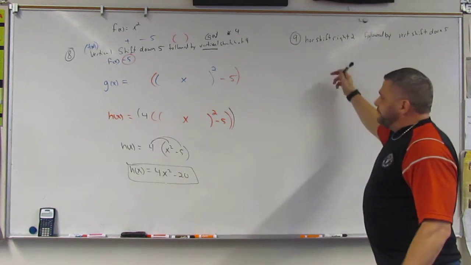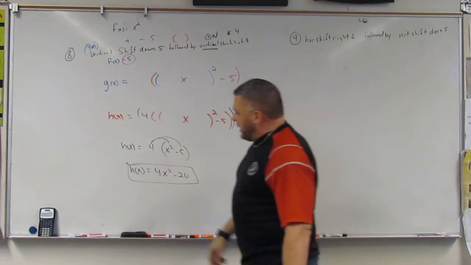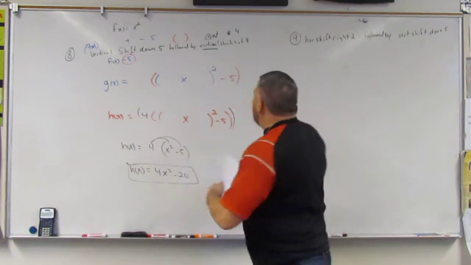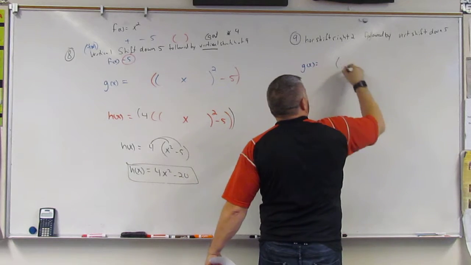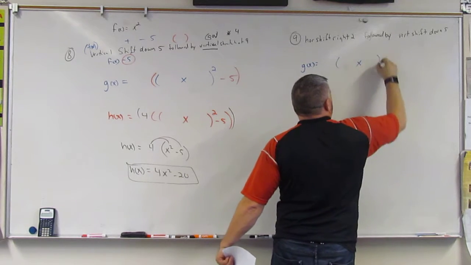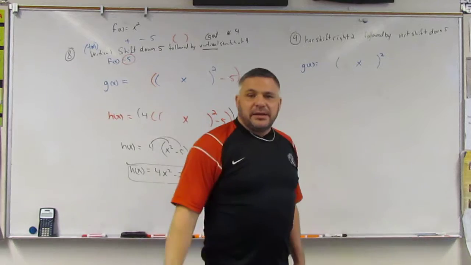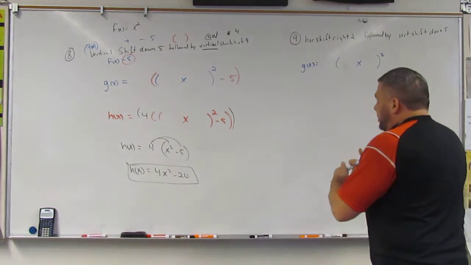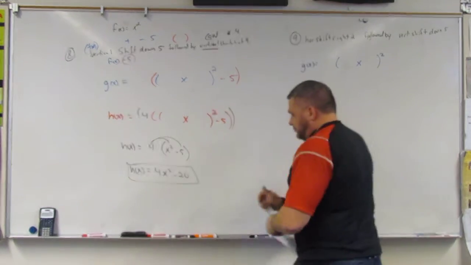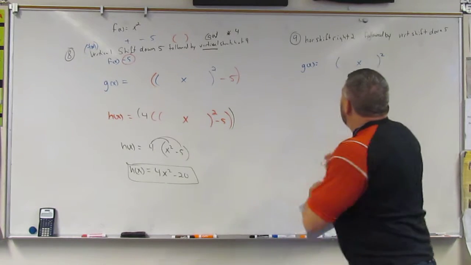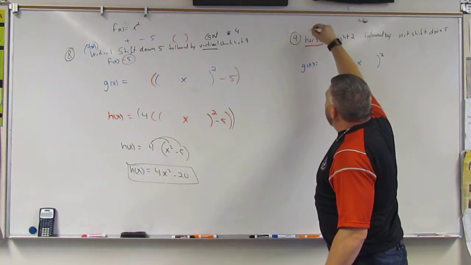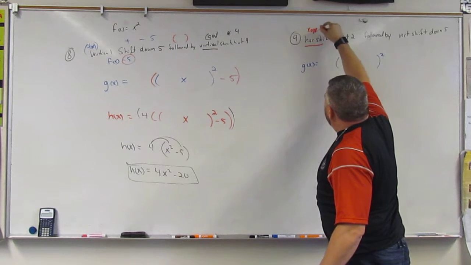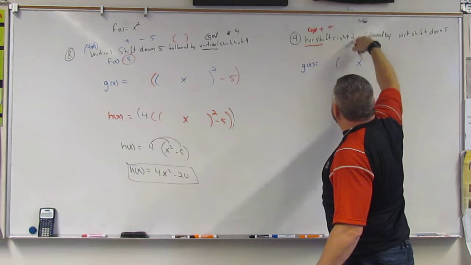Alright, the next one. Same thing. G of x is equal to space, parentheses, space, x, space, parentheses, squared. Okay? And then we're going to do something to it. It says a horizontal shift. So that means x opposite plus right plus 2.